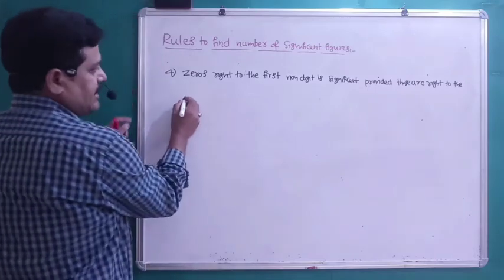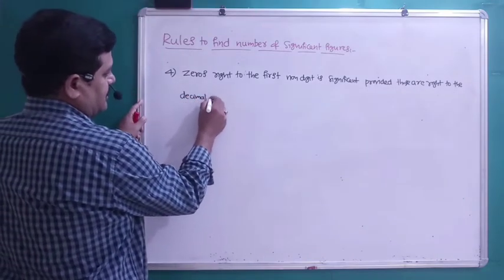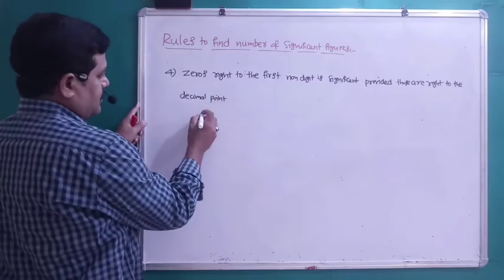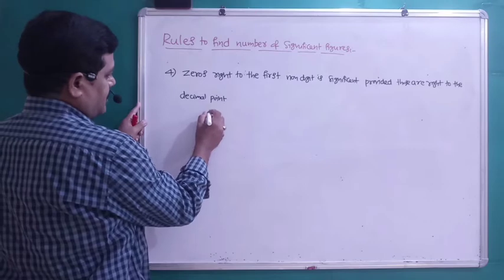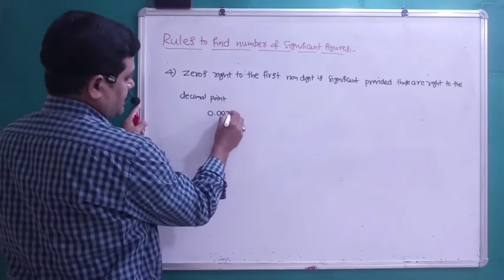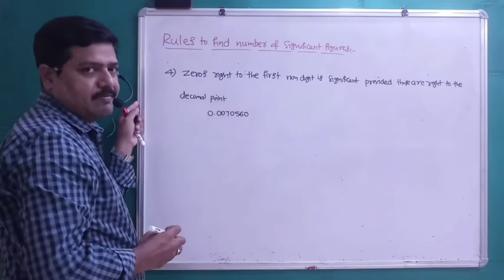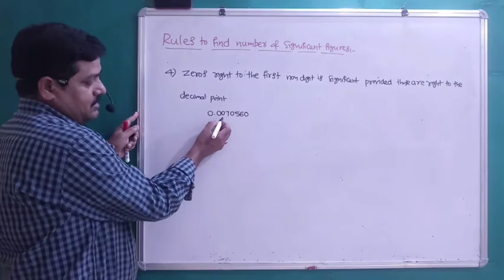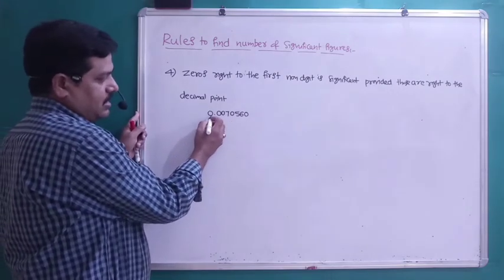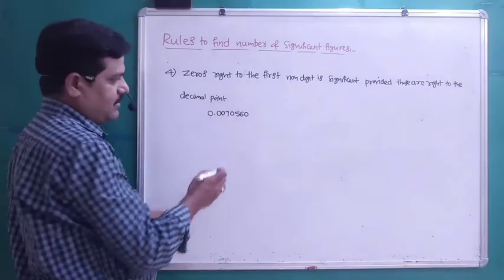For example, if we have a number like 0.0070560. The zeros to the left of the first non-zero are not significant. These 1, 2, 3 zeros are not significant.